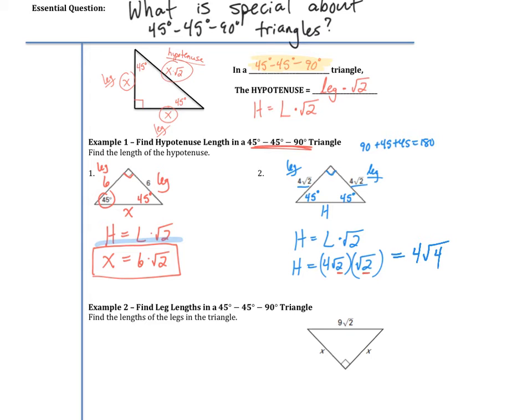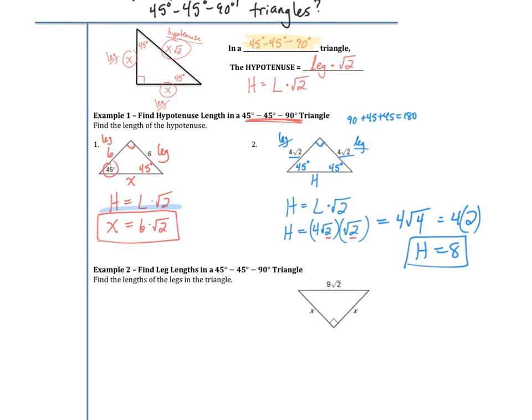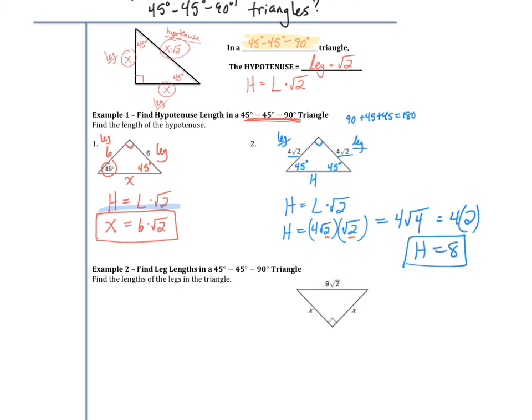And then 4 times the square root of 4 is 4 times 2. And 4 times 2 is 8. Okay, and we kind of did that in our head as we went by hand. You could easily type that in a calculator and get h equals 8.